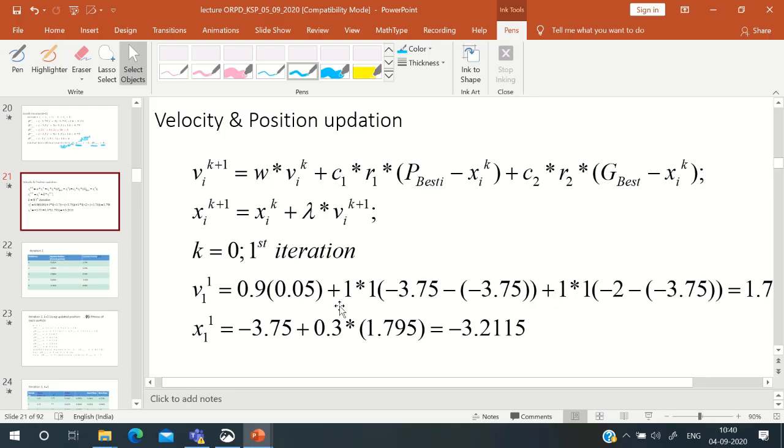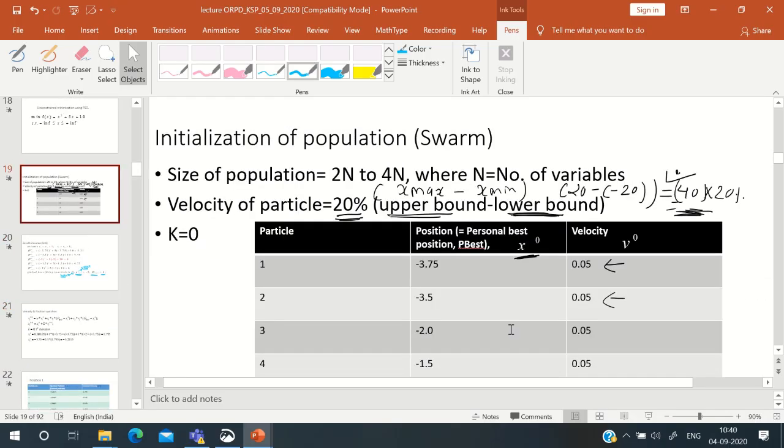0.05 plus C1 1, R1 1, into the personal best position of the first particle. See, still there is a 0th iteration base case, right? So what is the personal best position of the particle? It is the same which we have initialized initially.